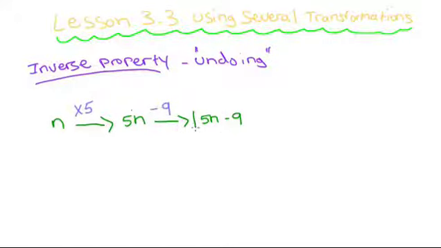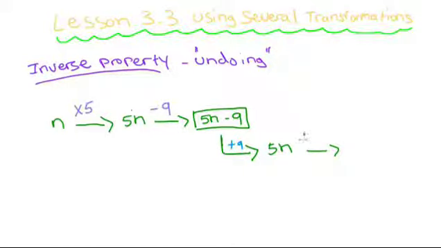But let's say we add 9 again. What do we get? We get 5n again. And let's say we divide by 5. If we divide by 5, we get n again.